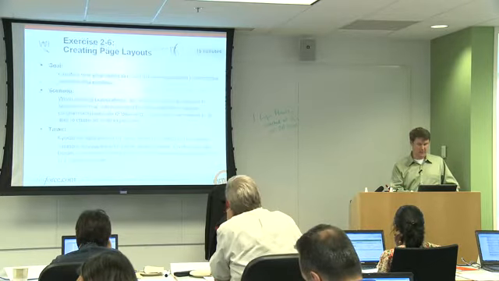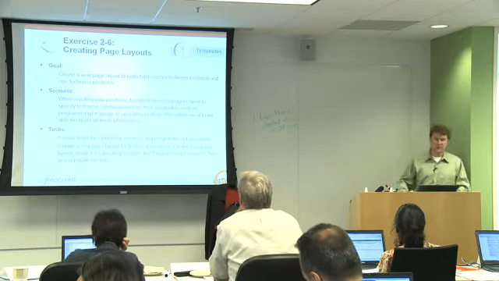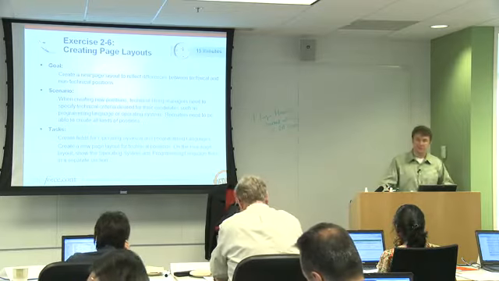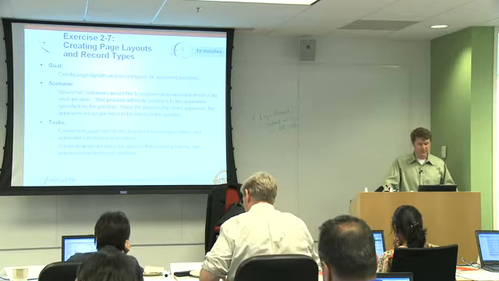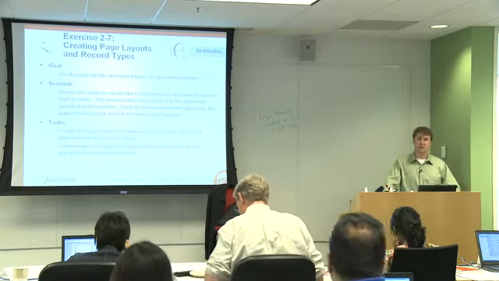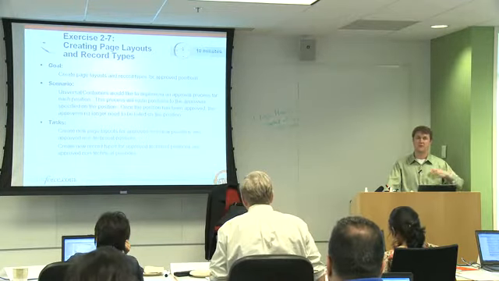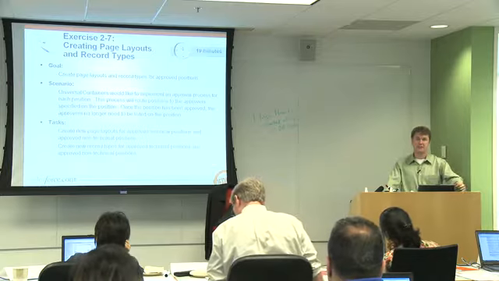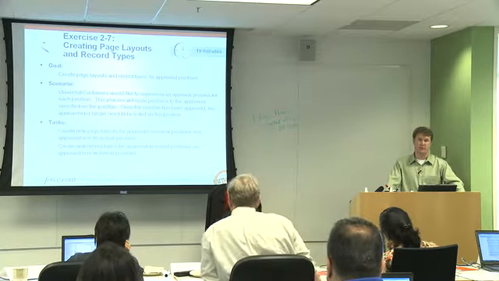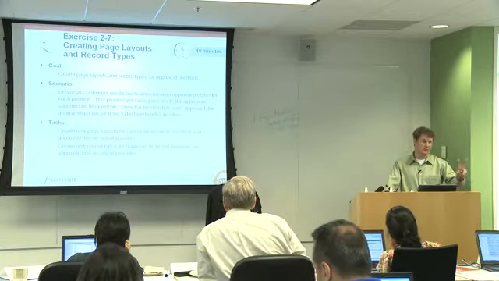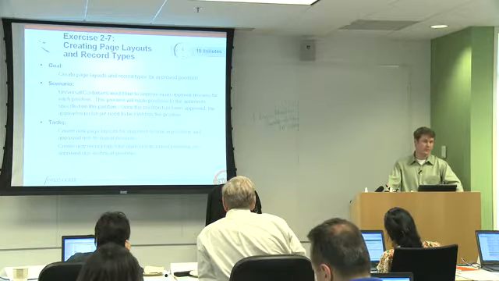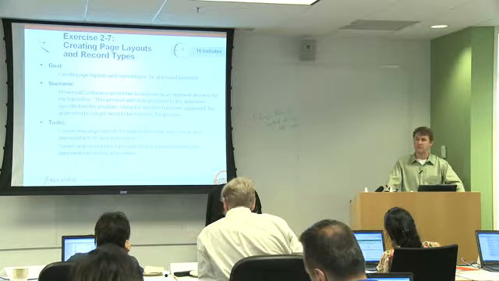Okay? So let's work on exercise 2.5, 2.6, and 2.7. Let's spend some time creating record types and page layouts, and then you can experiment with driving that condition to change the UI based on two things, the profile and the record type. Okay? So 2.5, 2.6, 2.7.